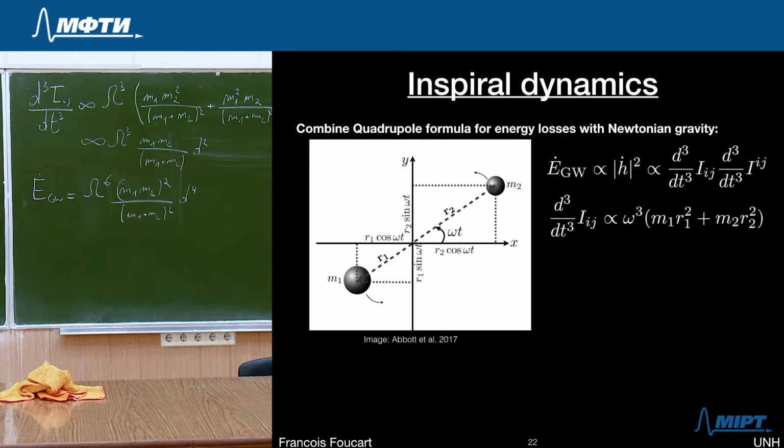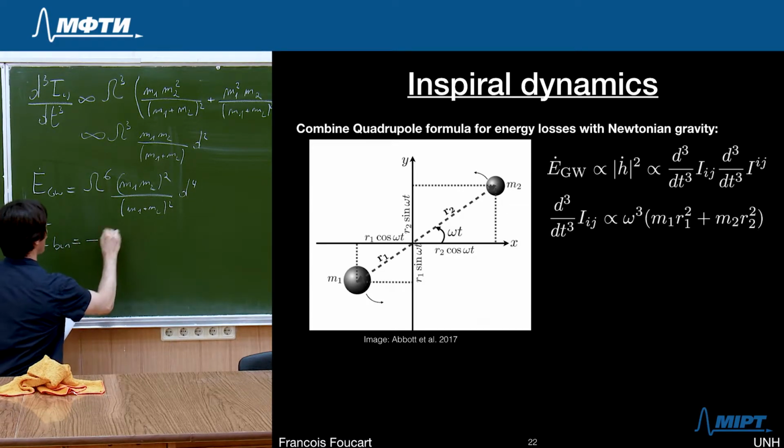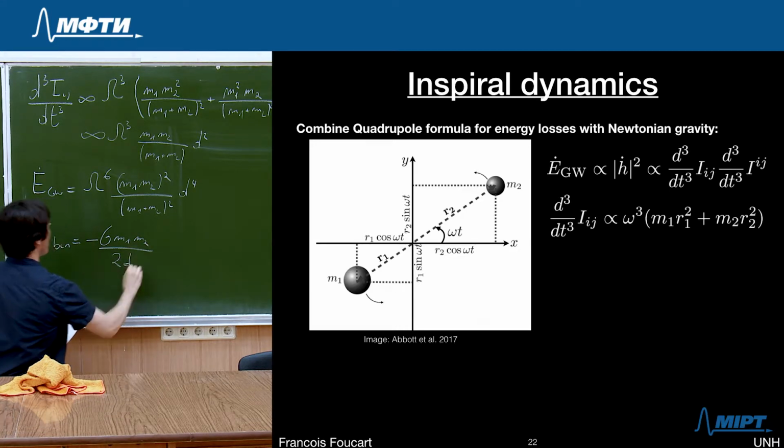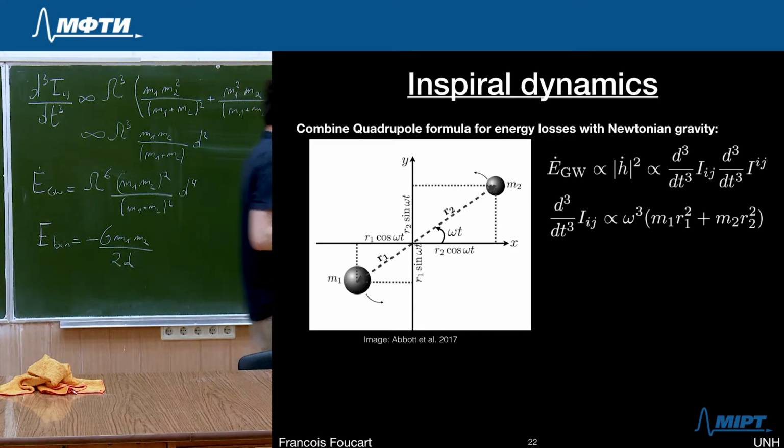The energy of the binary at a given separation now is half the potential energy. The potential energy plus the kinetic energy of the two objects. And so the time derivative of this should be equal to minus the gravitational wave energy loss.